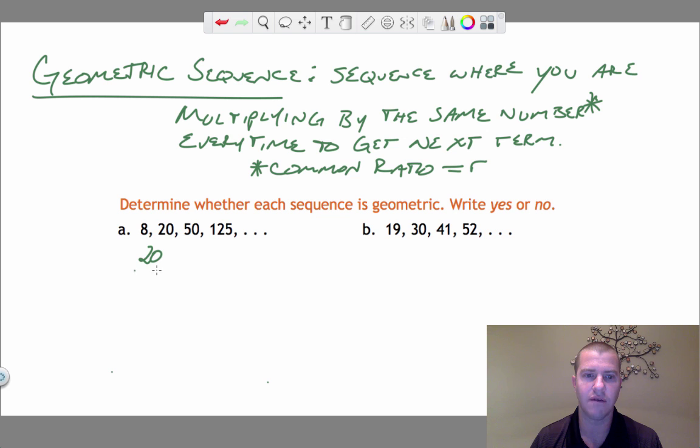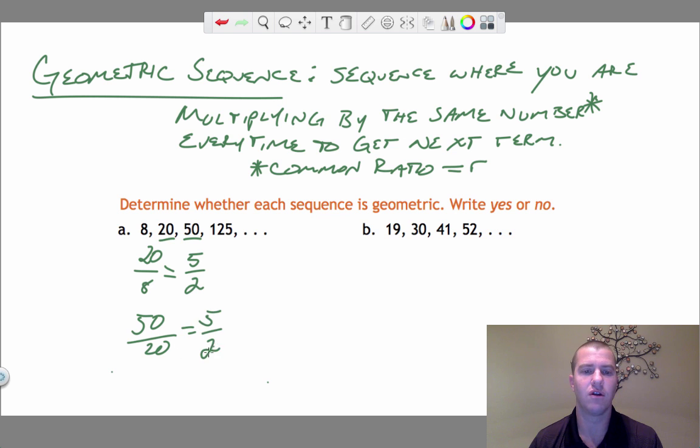If I do 20 divided by 8, that's going to give me my ratio between 8 and 20, and that reduces to 5/2. If I do 50 divided by 20, taking the third term and dividing it by the second term, that reduces to 5/2.